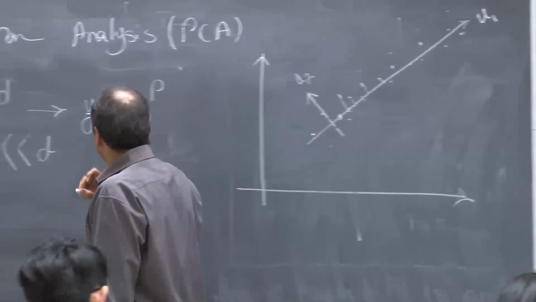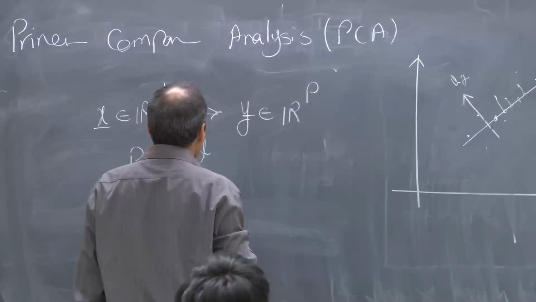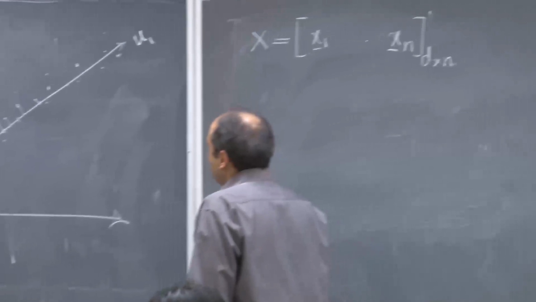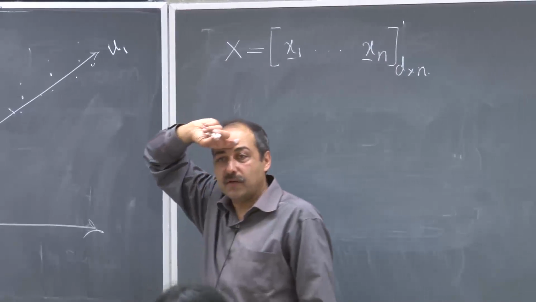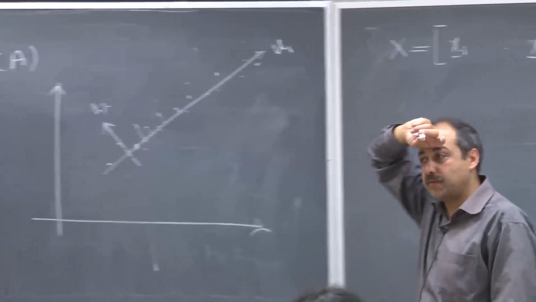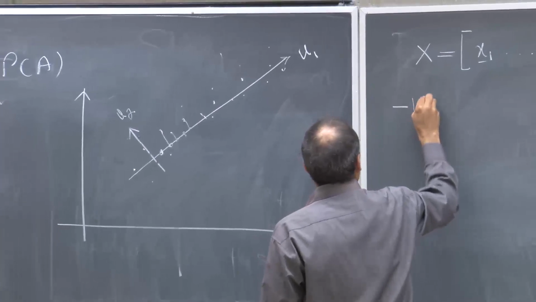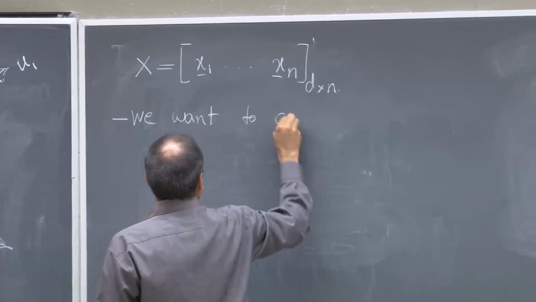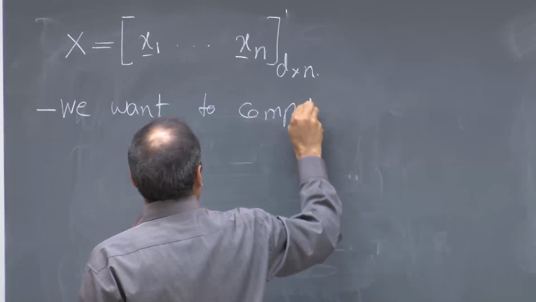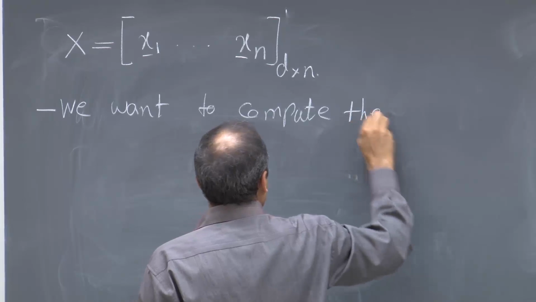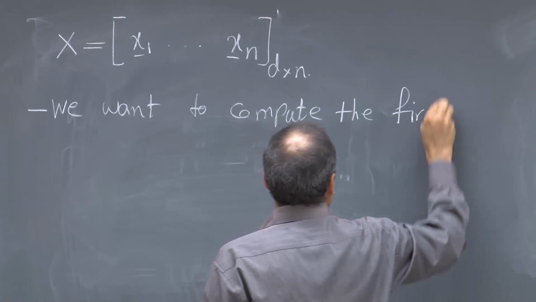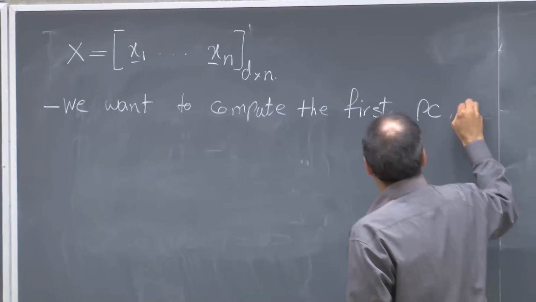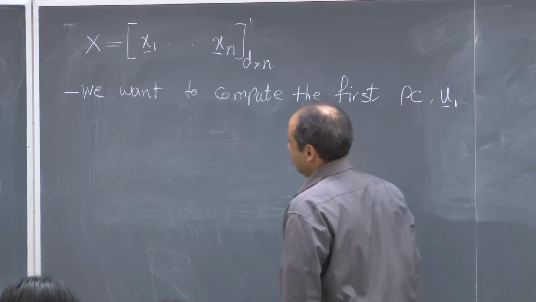And I would like to compute U1, the first principal component, which is a vector.